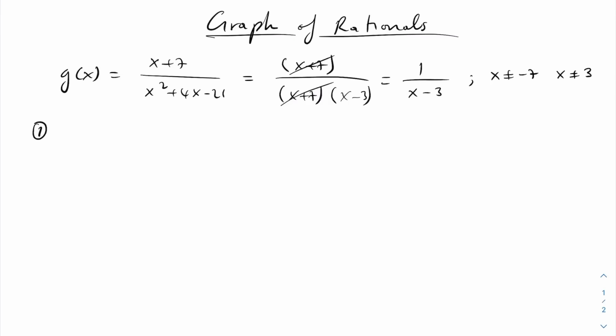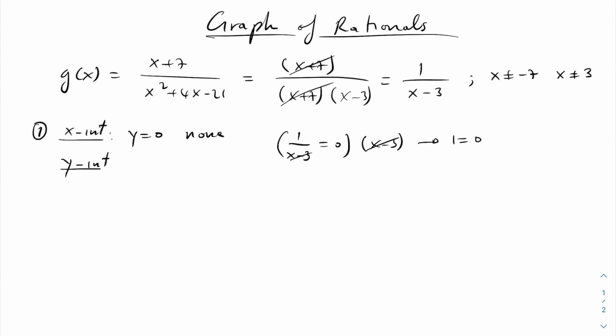So the first thing to do is to find the x and y intercept. So I'm going to have my x-intercept here, y equals 0. And so if I set this function equal to 0, I'm going to have 1 divided by x minus 3 equals 0, which, multiplying both sides by the denominator, is going to cancel it out and give me 1 equals 0, which is impossible. So in this case, you do not have any x-intercept.